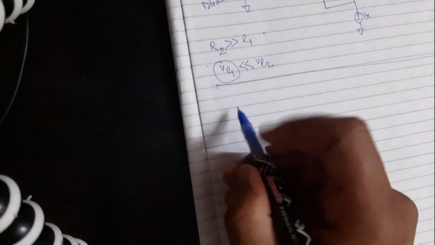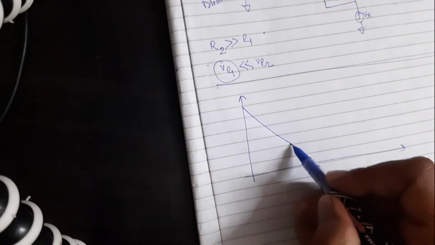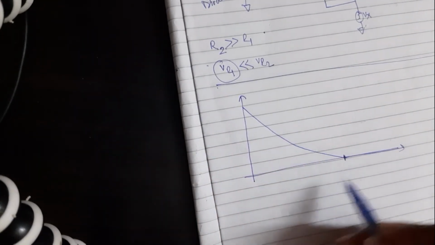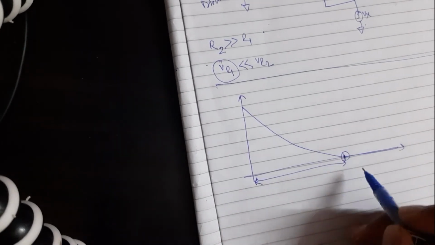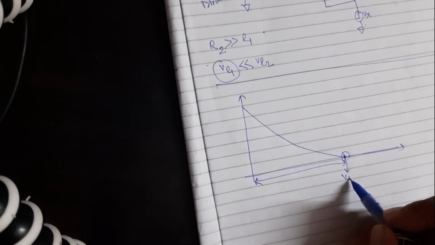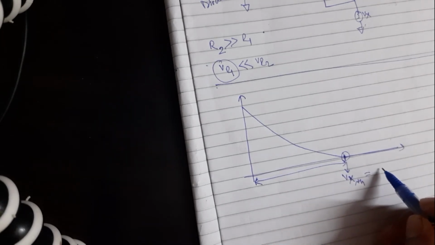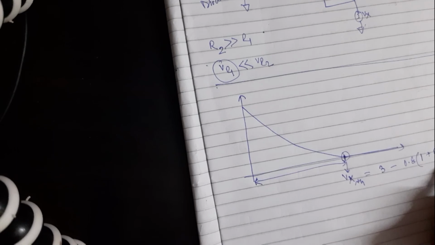So the curve looks something like this. This is the range that we were talking about. Let me point this out as Vx Th, the value for which is (3 minus 0.8) times 1 plus R2 by R1.